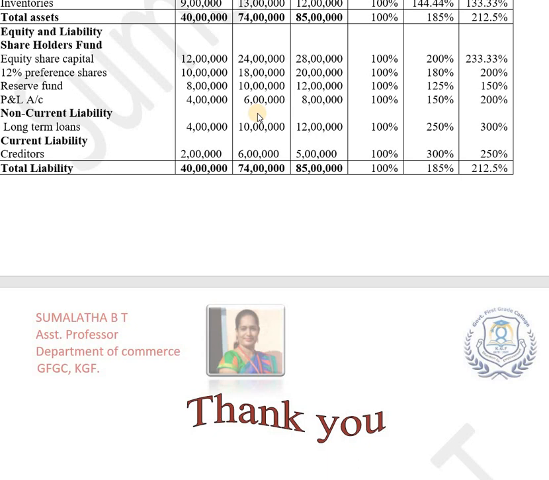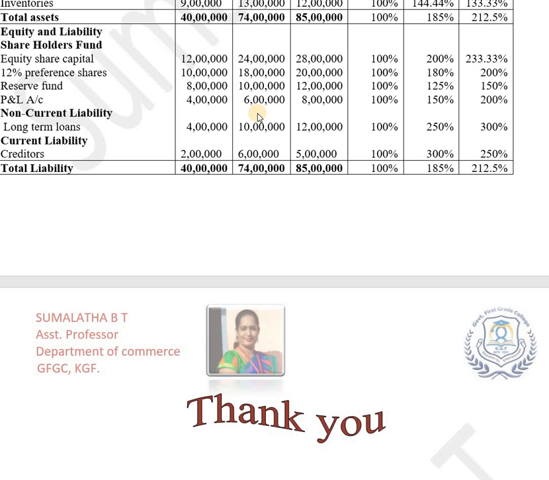From next class, I'll be starting with your second chapter. The second chapter is all about ratio analysis, but for the time being the ratio analysis will not be done. I'll be doing the ratio analysis at the last. Because now I have told you about the tools, there are so many tools: comparative, common, trend, fund flow statement, fund flow analysis, cash flow analysis, ratio analysis, all these are also the tools which we use for the financial analysis of a statement.